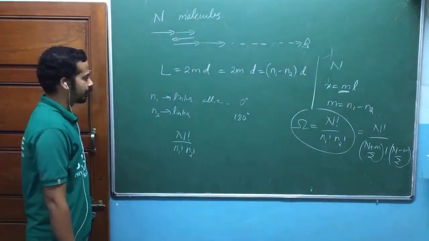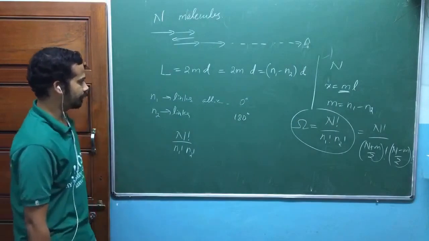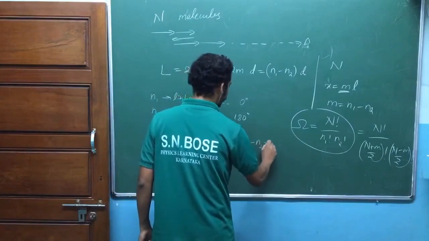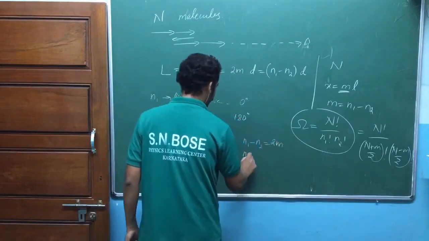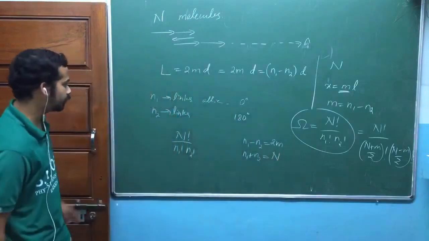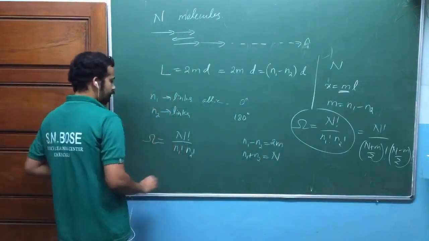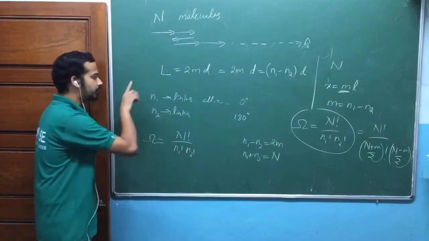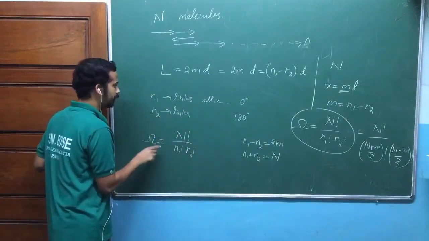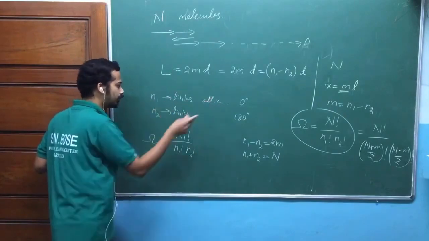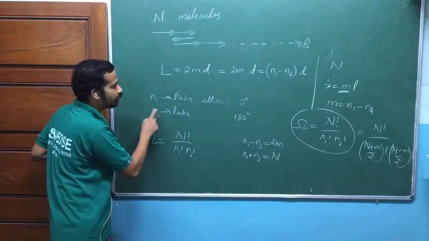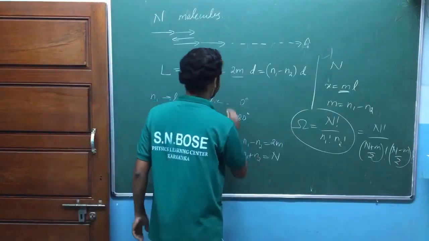Is that okay? So ultimately again you got one equation: n1 minus n2 is equal to 2m, and n1 plus n2 is equal to n. Now this is the number of possible arrangements of making n1 links with 0 degree, n2 links with 180 degree, so that n1 minus n2 is equal to 2m.